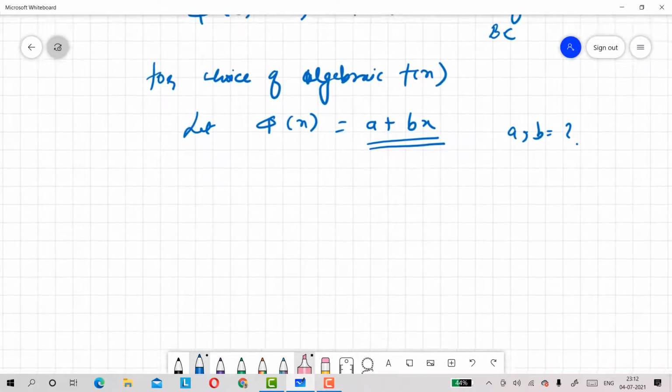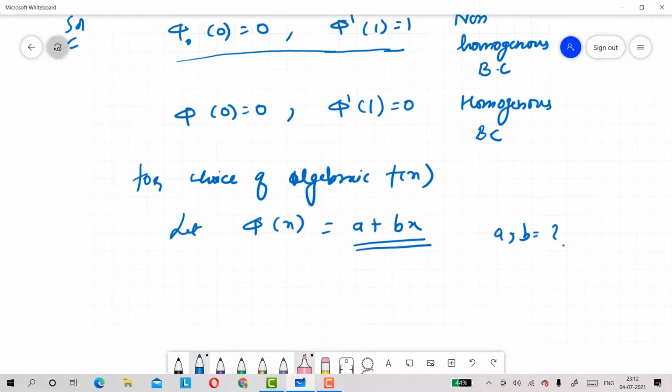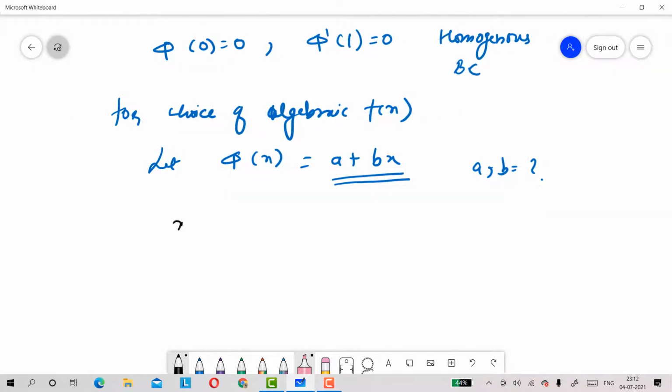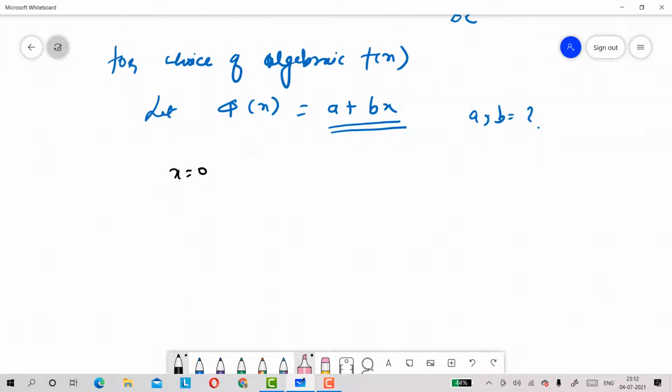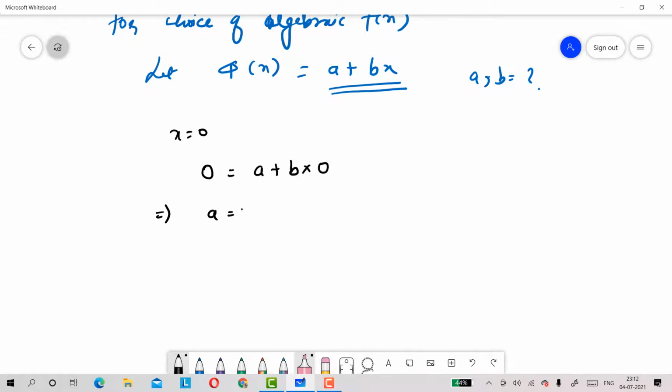First of all we know that at x equals to 0, we are solving for this term. For x equals to 0 it is 0, and for x equals to 1 the differentiation equals to 1. So at x equals to 0 this becomes a plus b into 0, which implies a equals to 0.